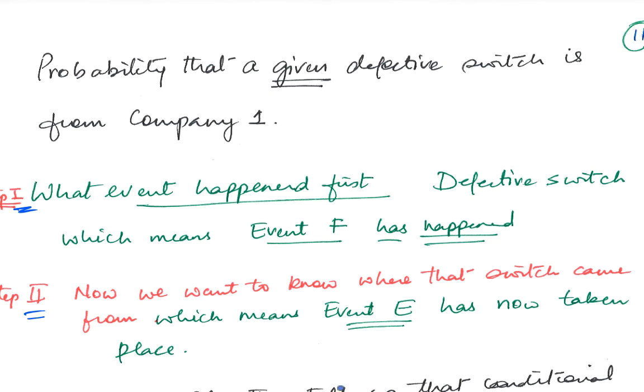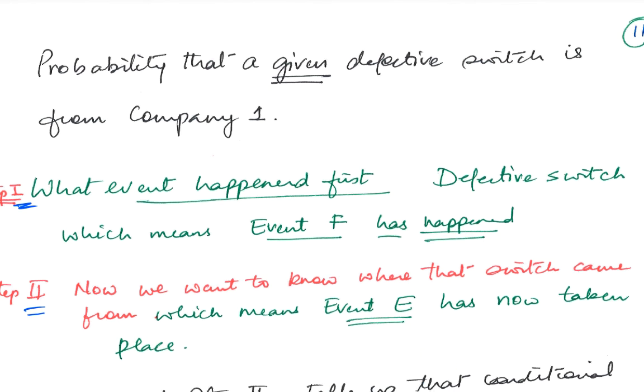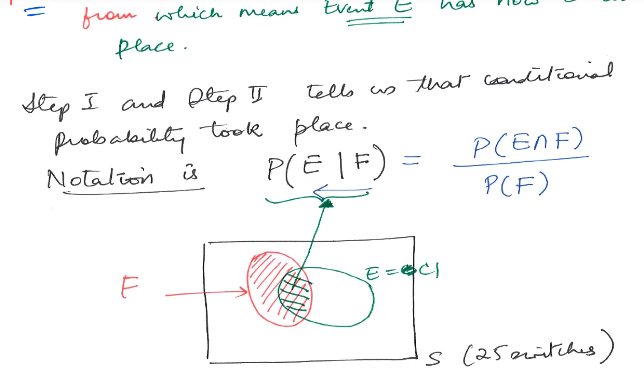So what are steps 1 and 2 telling us in terms of conditional probability? F, the defective switch, has happened, and E, that it is coming from Company 1. So we have first of all written down our conditional probability. In terms of the diagram, F is here, E is here.